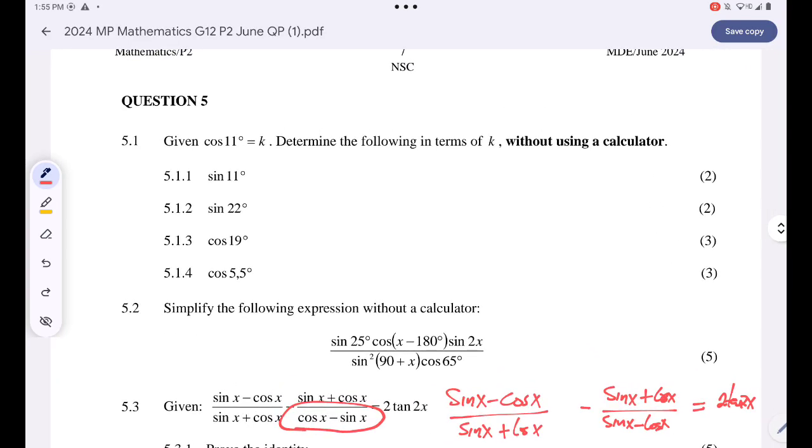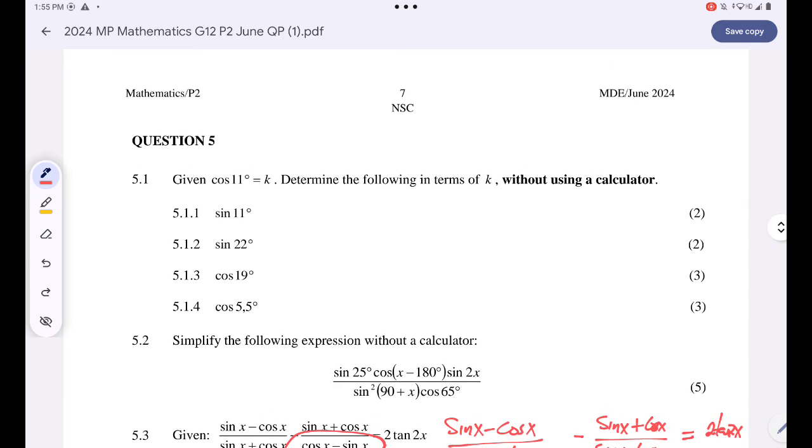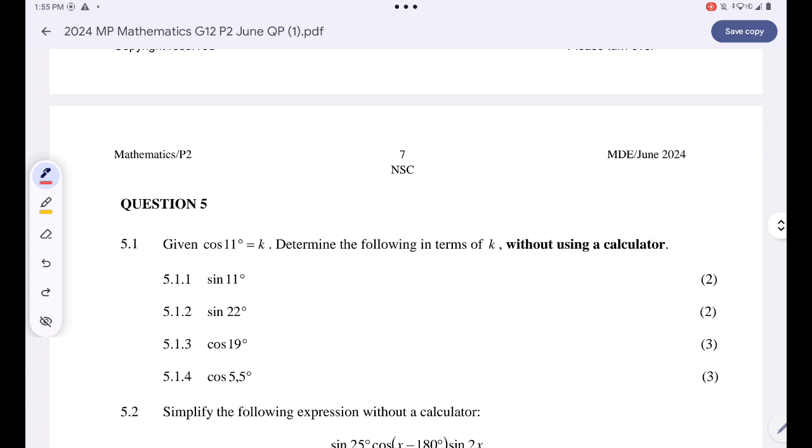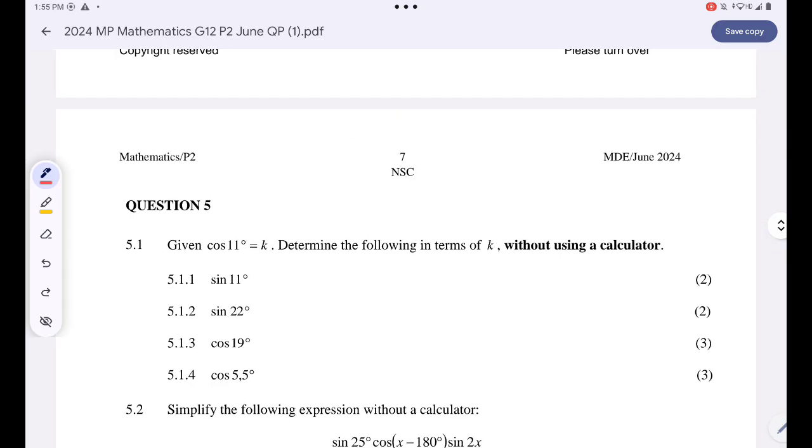Okay, now let's work. Question 5.1. We are given cos 11 degrees is equal to k. They want us to determine, in terms of k and without the use of a calculator, the following. If you are supposed to find things in trigonometry without the use of a calculator, we must always use a right angled triangle.